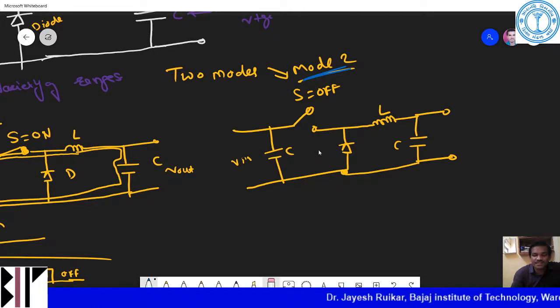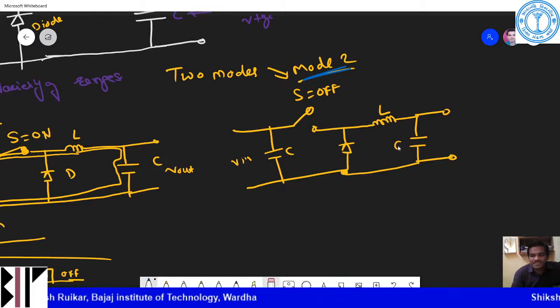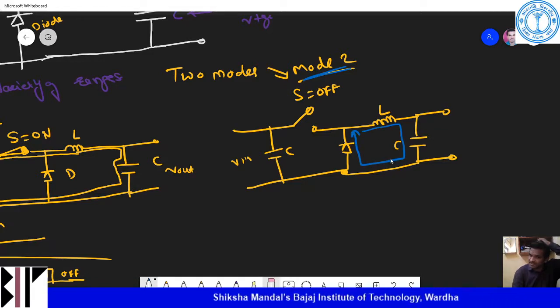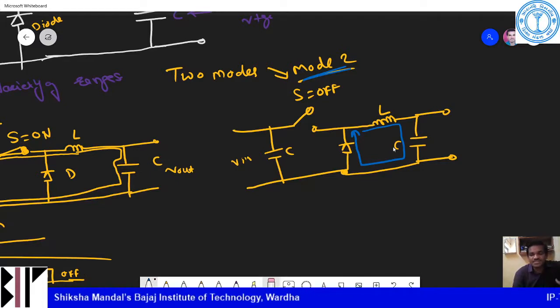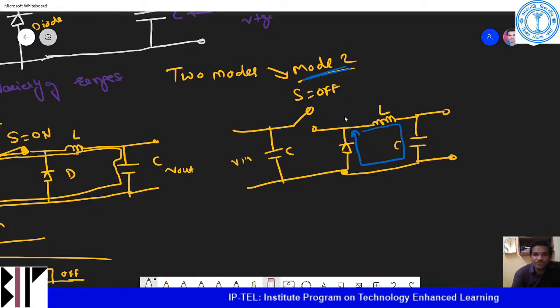Whatever energy is stored in the capacitor is dissipated via the diode. The current will flow in this direction, from the capacitor, and the capacitance energy is dissipated in the diode and again goes to your load. Again you will get the load current in this mode 2 operation.